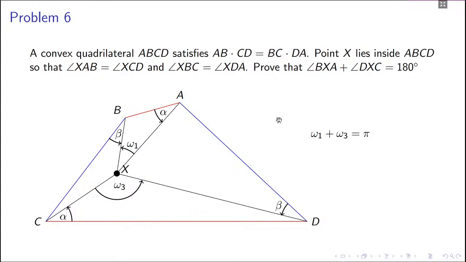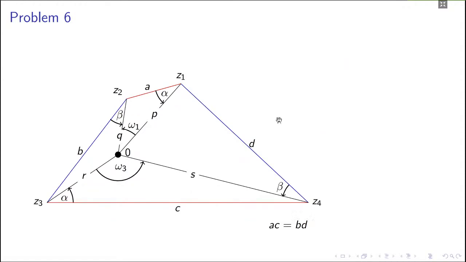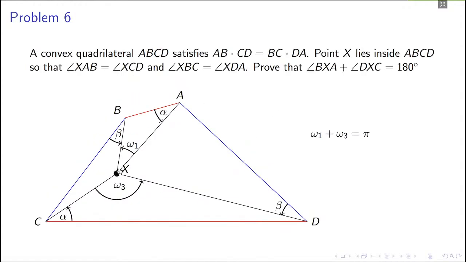Let's see the solution, and the solution is actually quite simple if you use complex numbers. So let's just start. We choose this point which satisfies this angle as my origin, and I label these four vertices with the complex numbers, so like this.